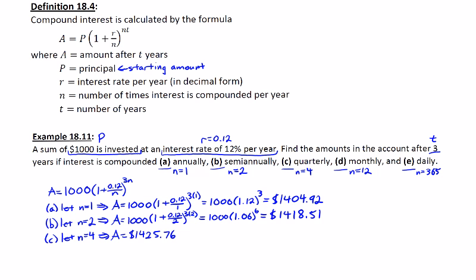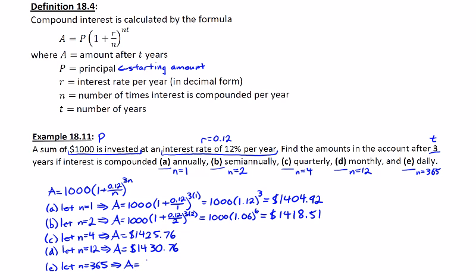So we see a better result here as expected. For part D, if we let n be equal to 12, we will get an ending amount of $1,430.76.